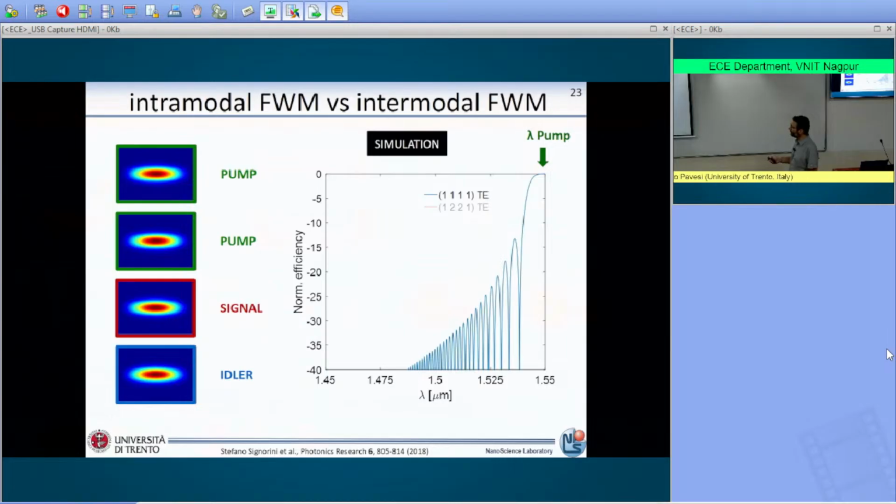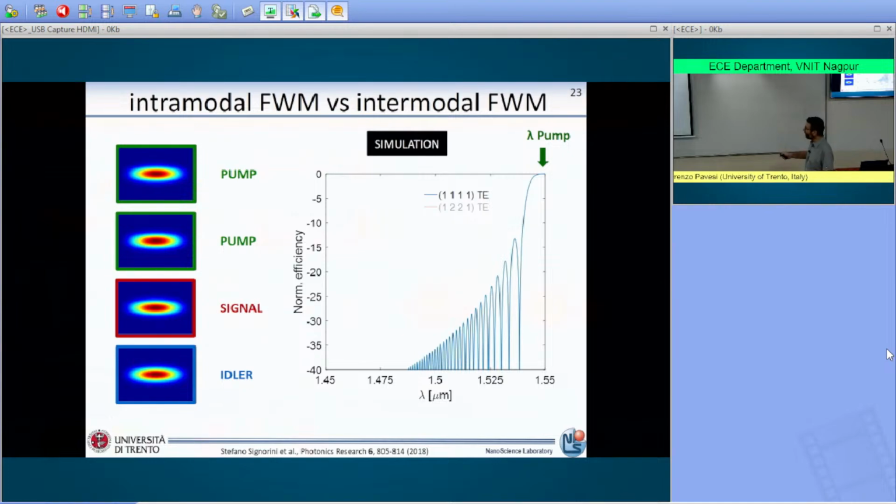So this is a simulation where we have considered that all the photons are traveling on the very same modal order. And so what you see here is that if 1.55 is the wavelength of the pump, the probability, so the efficiency, to generate photons that have a wavelength different from the one of the pump is going down exponentially very rapidly.